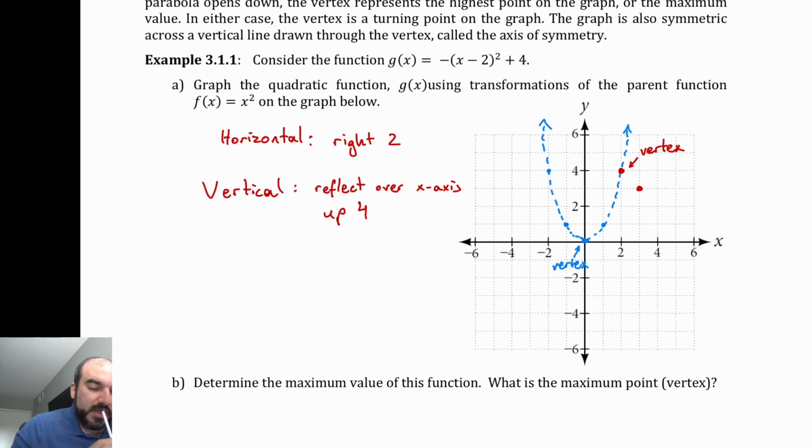And if we keep doing this with all of the points, we're going to get this parabola here. It should be opening downwards because we did reflect over the x-axis, and we shift it to the right and up 4.